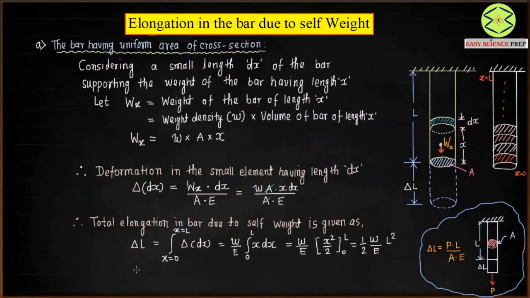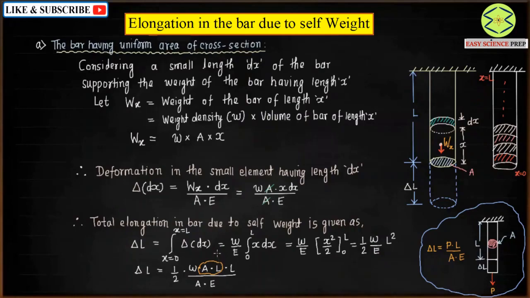So from here you'll get delta L equals half times weight density into area of cross section into L into L. I have broken L into L, and then divide by, again, area of cross section times E. Now if you look at this particular term, W into A into L, W is weight density and area into L is nothing but a volume.